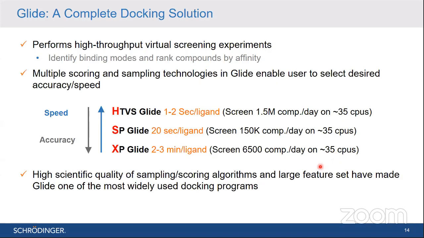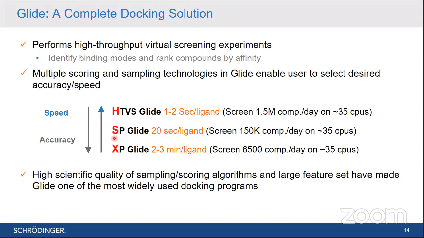As Pritesh explained yesterday about docking algorithms, there are three types of docking algorithms in Glide, in Schrodinger. First is the high throughput virtual screening algorithm, which is the fastest and docks a ligand molecule inside the protein cavity in just 1 to 2 seconds.